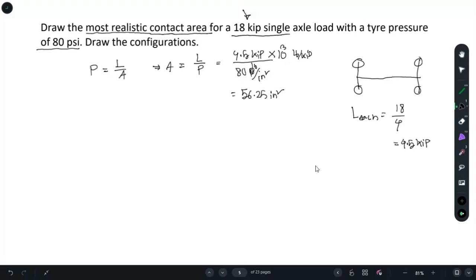For more realistic, we consider a rectangle there, and a circle over there, and another circle over there.